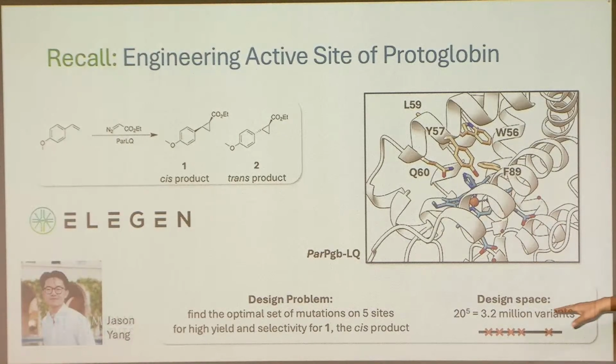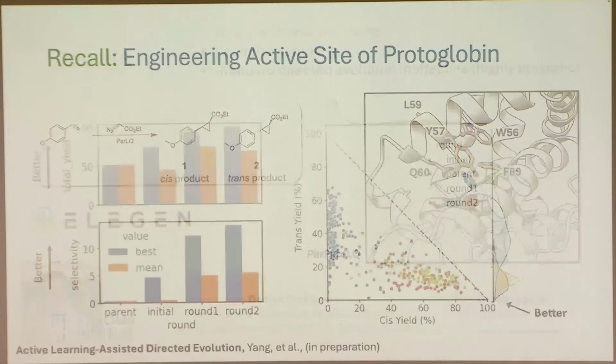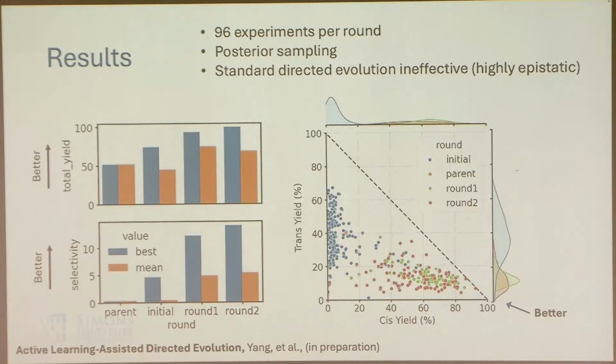There are 3.2 million variants in this design task. Based on our simulation results, we chose to use frequentist deep neural net ensembles, with posterior sampling.